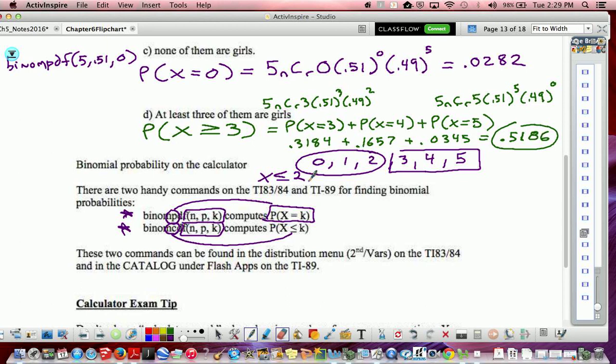I could use binomial CDF to get this value. If all of it adds to 1, if I take this value here and subtract it from 1, I'll get 3, 4, 5. So this is the same thing as saying 1 minus the probability that x is less than or equal to 2. So now I can go 1 minus binomial CDF 5, comma, 0.51, comma, 2.